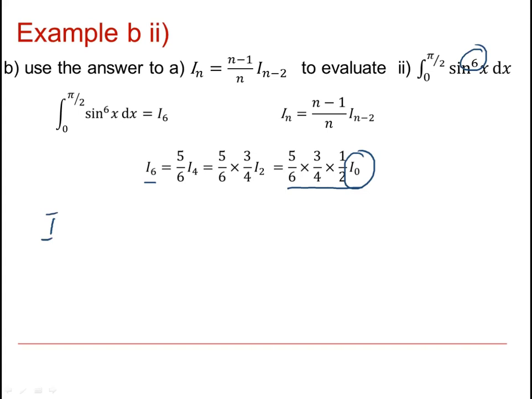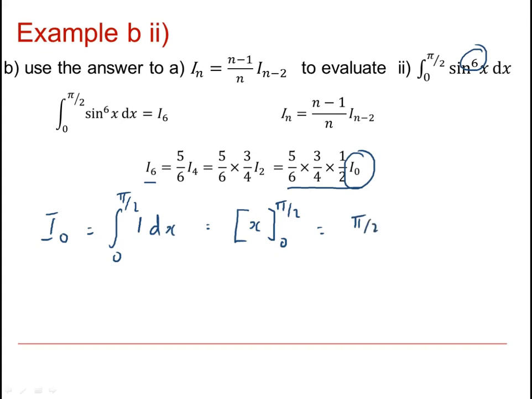So I0 is equal to the integral from 0 to pi by 2, this time of sine to the power 0 of x, which of course is just 1 dx. And therefore that integrates to x evaluated between 0 and pi by 2, and that is equal to pi by 2.